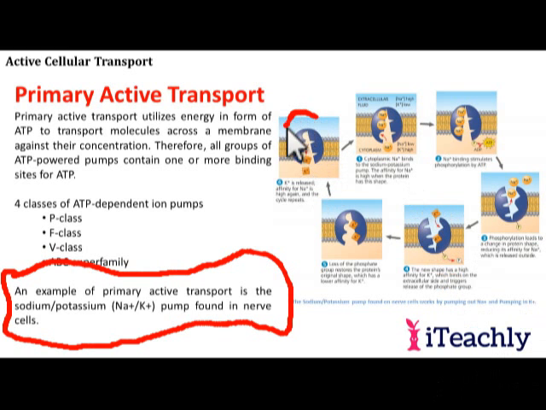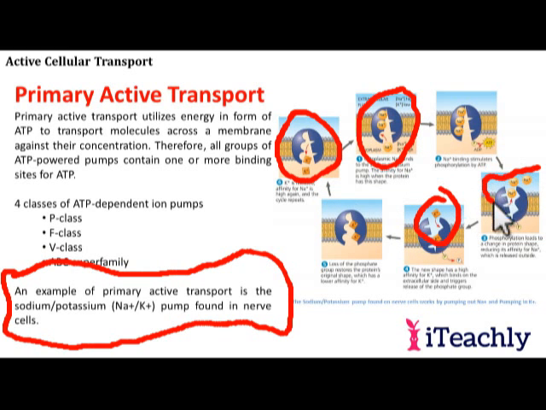So notice again, if you see pictures that look like this, they look like these little gates that open down at the bottom, towards the intracellular side, and then they release stuff up here at the top on the extracellular or outside of the cell.